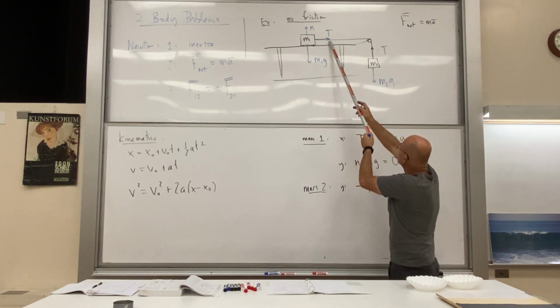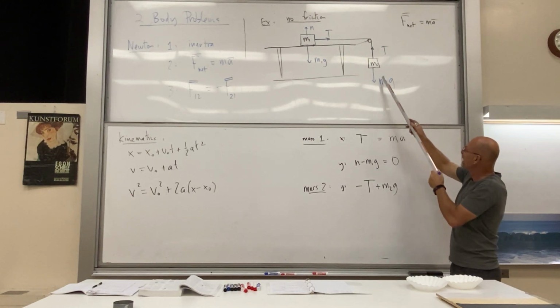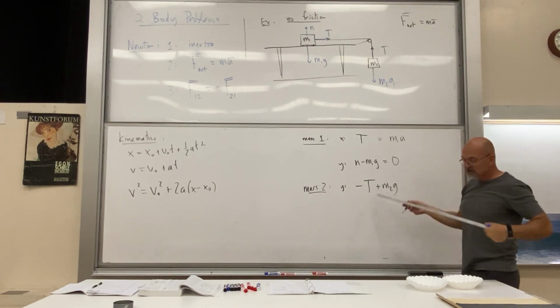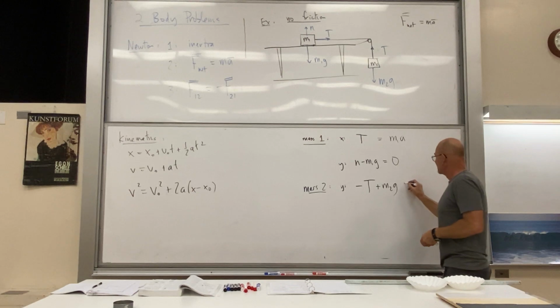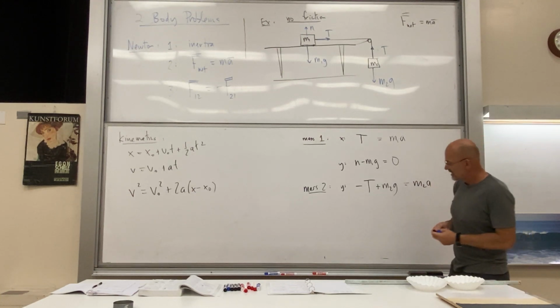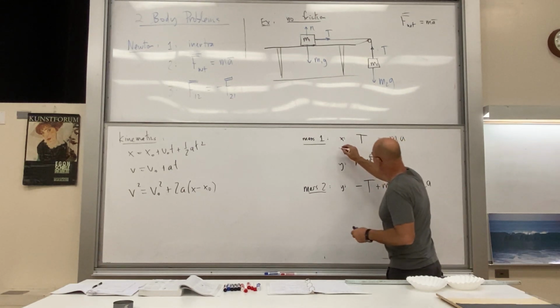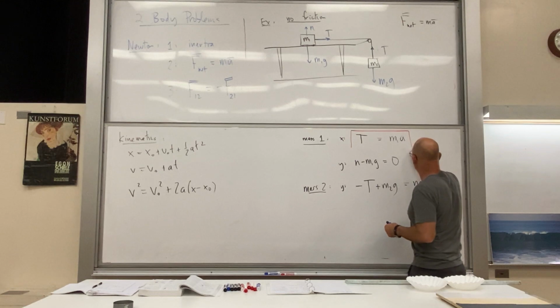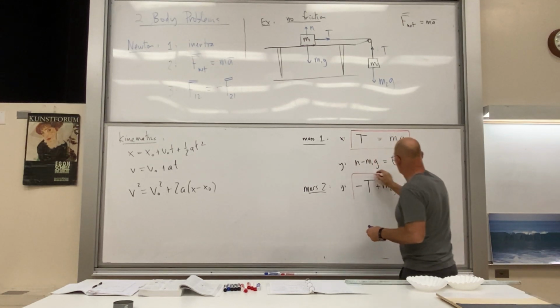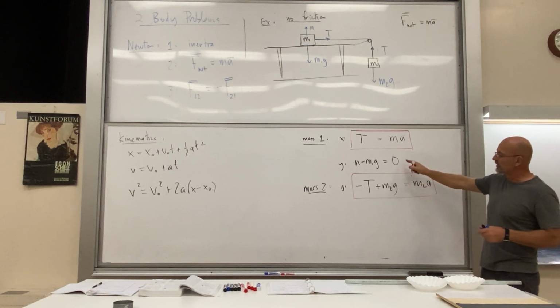The positive motion goes forwards and down. So I have to say minus T, and M2g is in the positive direction going down, equals M2 times a. So here, we ignore the second one there because there's no friction, otherwise we would build it in.